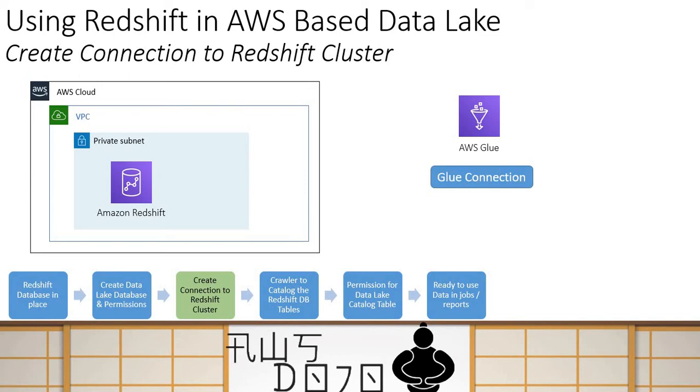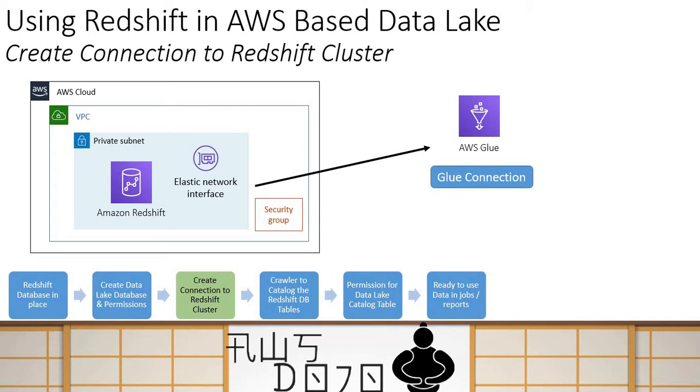And then that Glue connection will simply leverage the security group which you have just created for Redshift, and it is going to create an ENI in the subnets you selected, so that your connection can use this ENI to connect to Redshift. Okay, so the purpose of the connection is pretty straightforward.